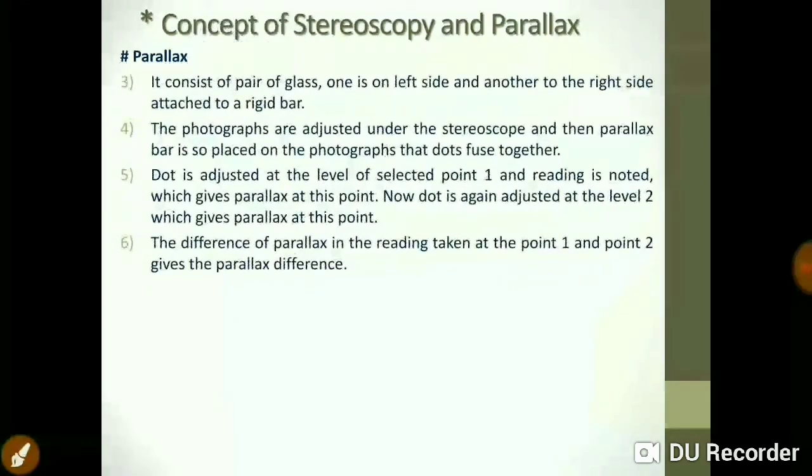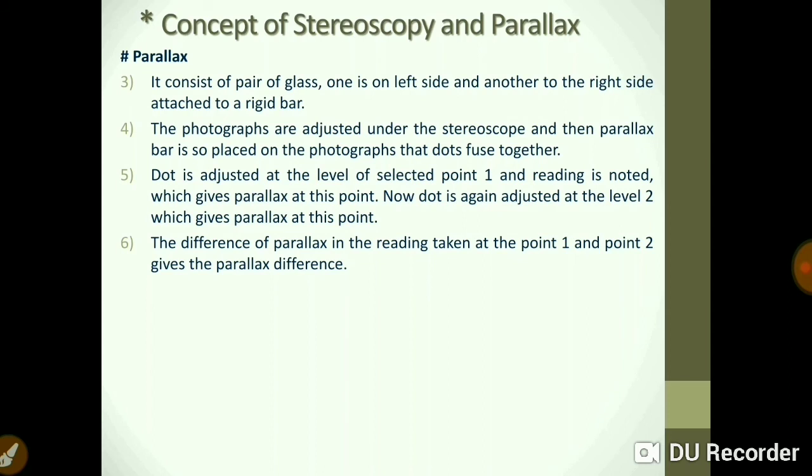The photographs are adjusted under the stereoscope, and as we saw, the two photographs are fused together. Visualize the photograph and the eyepiece in the stereoscope. In between the eyepiece and photograph there will be a parallax bar. The dot is adjusted at the level of the selected point 1 and the reading is noted. So this is the practical procedure.